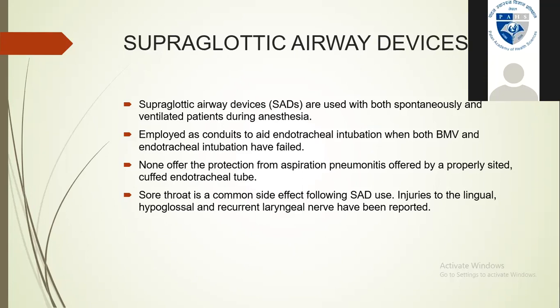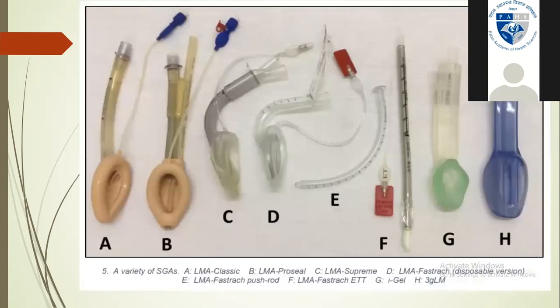We'll be discussing various supraglottic airway devices as well. A common disadvantage of all supraglottic airway devices is sore throat, and injuries to the lingual, hypoglossal, and recurrent laryngeal nerves have been reported.